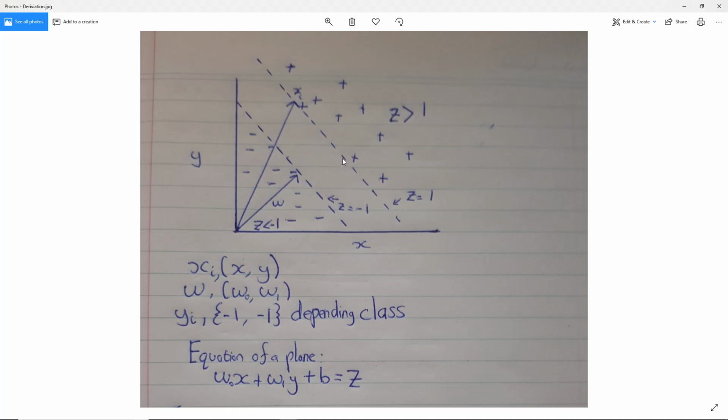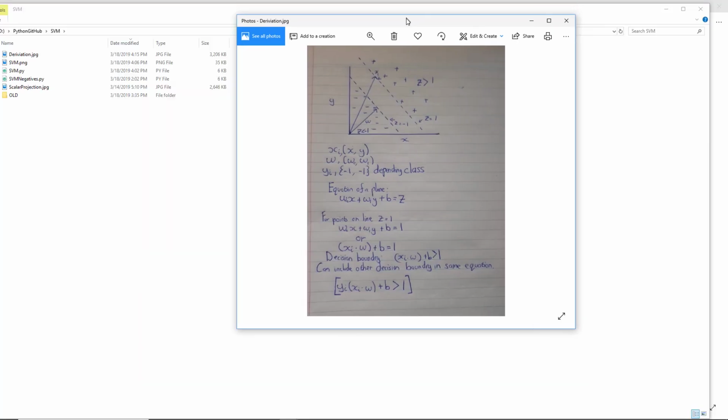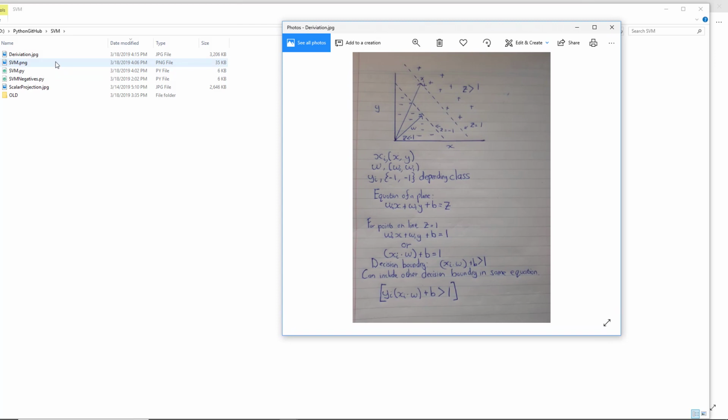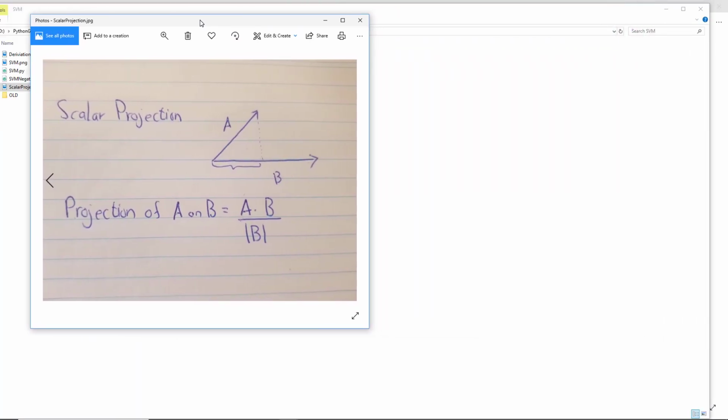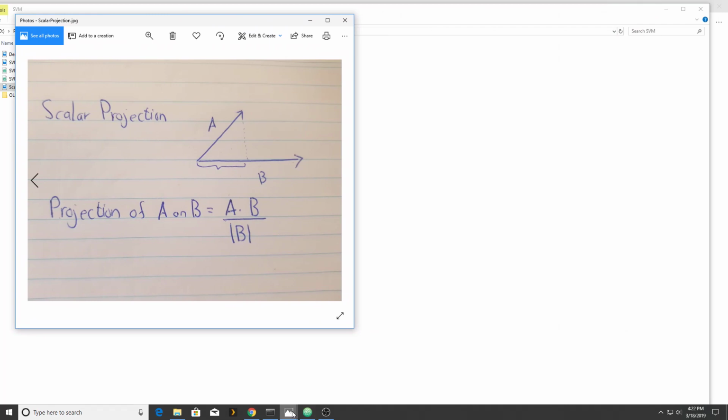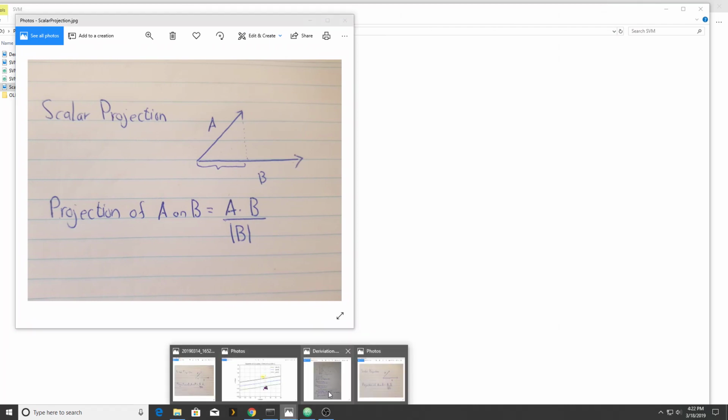So we want this perpendicular distance to be as great as possible. And to do that, we're going to need to think a little bit about how scalar projections work. We all remember our friend scalar projections.